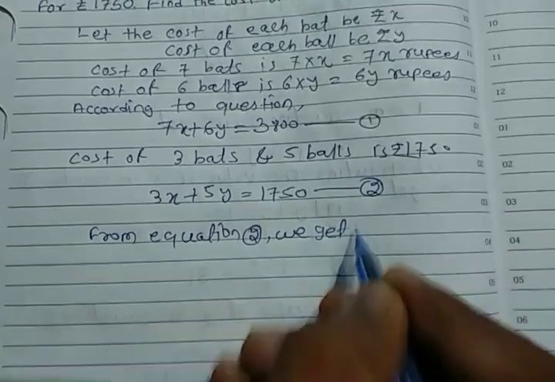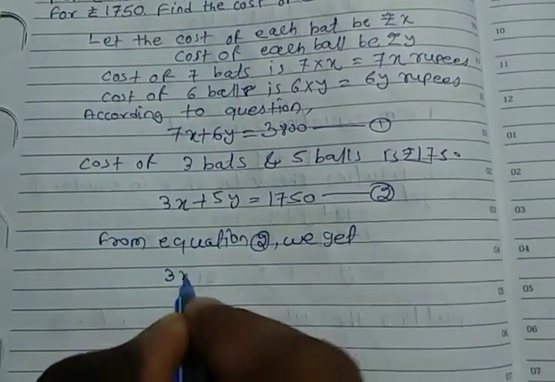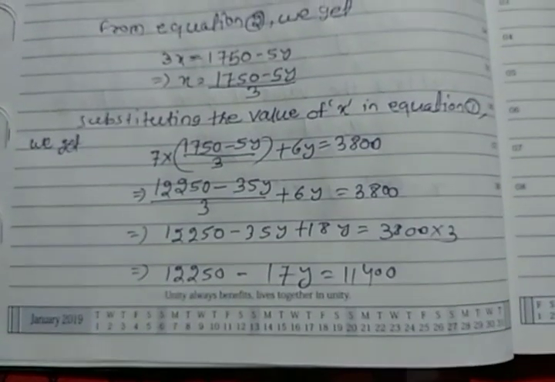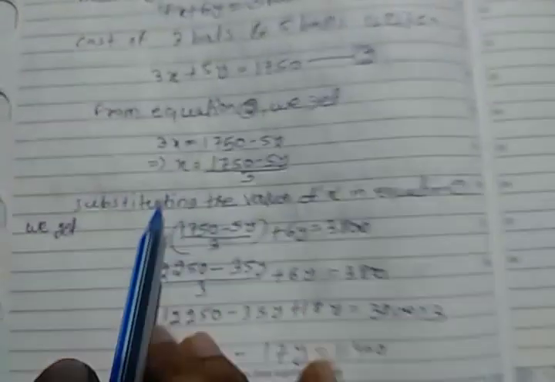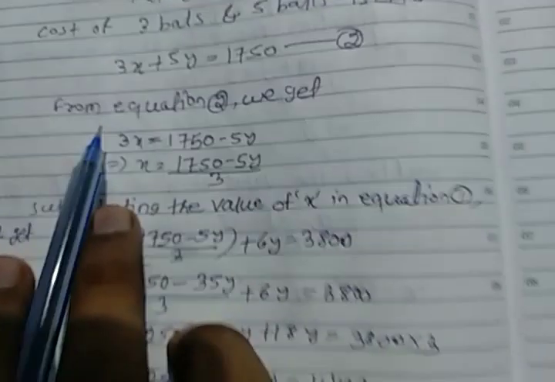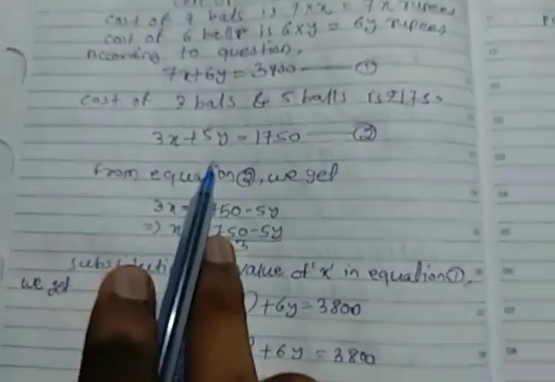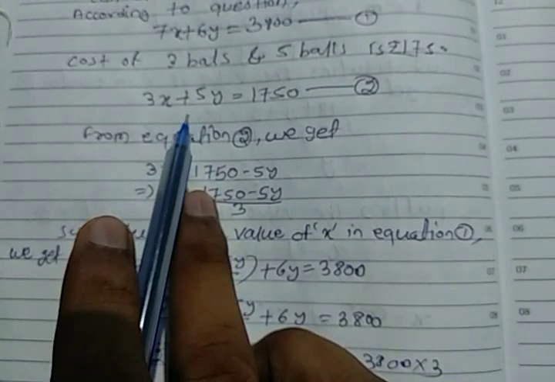Substitution method: first we have to find the value of one variable from equation 2. This is the smaller equation, so we express a variable from this equation.